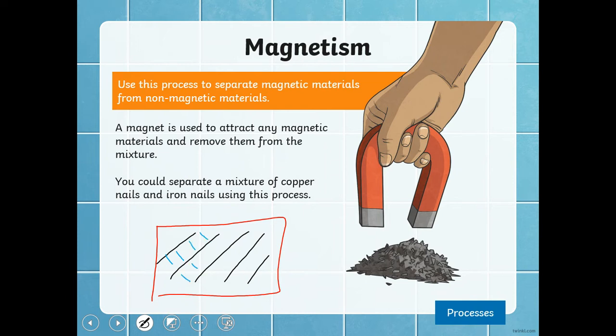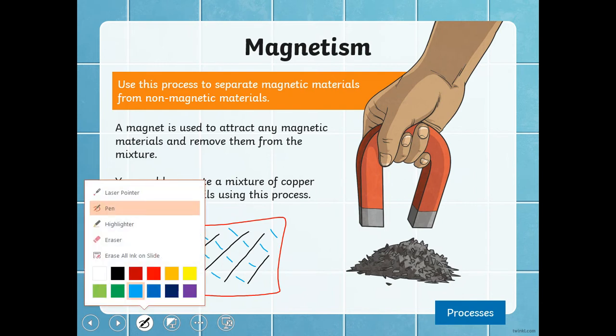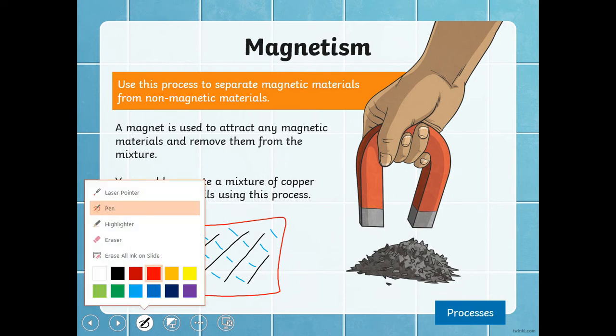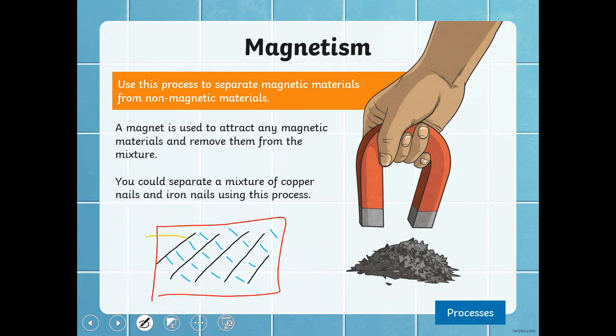So you can imagine that when I apply this magnet to this mixture, all of the pieces that are magnetic are going to be attracted. This one is going to be attracted to the magnet, and so are the others. And so what is going to happen?